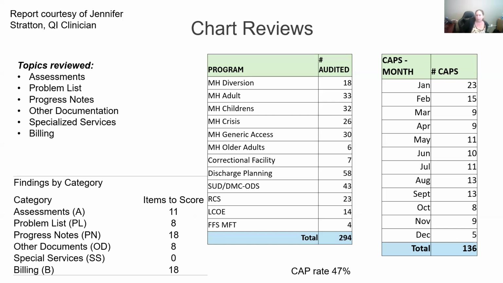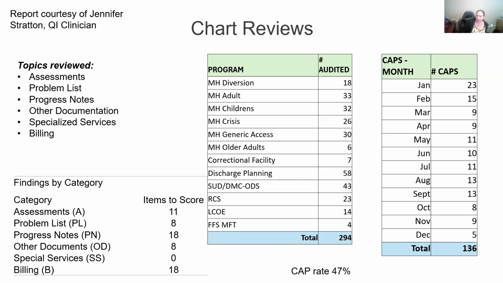She has conducted over 2024, 294 chart reviews. And she broke down the totals here by the different teams. And we kind of aspire to have her review at least 10% of the caseload. Sometimes, if the caseload's really small, that means the numbers are going to be really small.